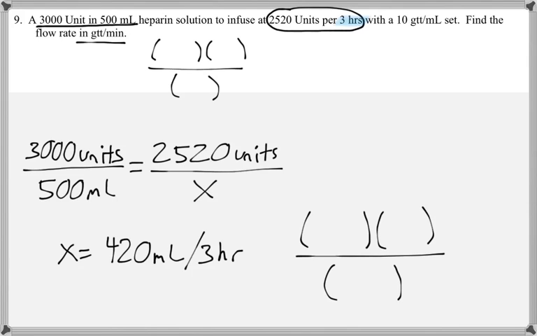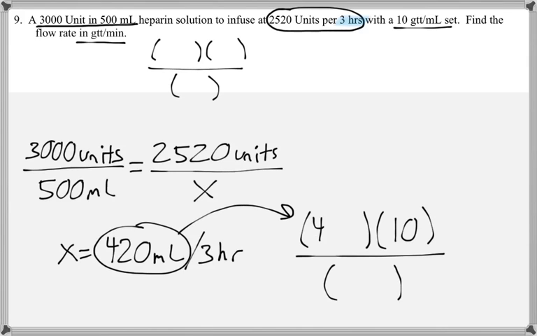And they tell us that this is a 10 GTT per milliliter set. And then the other two pieces of information I'm going to get from my answer here. So the 420 mLs is going to go right here, and then the 3 hours is going to go here, but first I need to convert that to minutes.